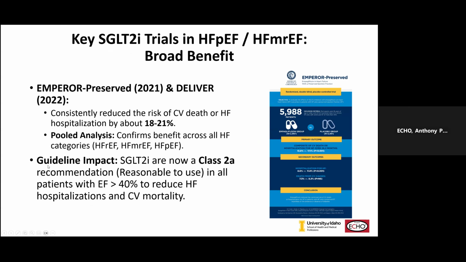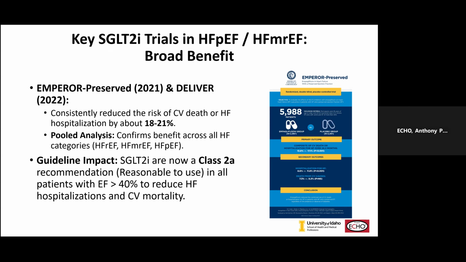Then with the SGLT2s, we look at EMPEROR-Preserved and DELIVER, consistently reducing the risk of cardiovascular death in this patient population by 18 to 21%. The pooled analysis, there was a slide a couple ones ago, actually showed the data of all the studies that were done across the heart failure spectrum, and it really did still show a good benefit.